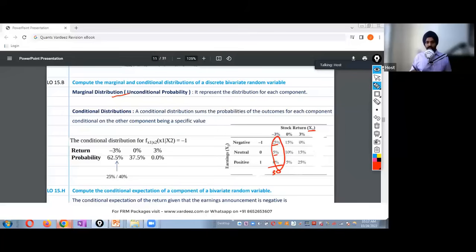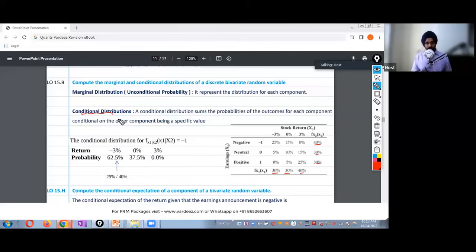So the addition of this particular thing is going to be my marginal probability for the stock return to be -3%. What is the marginal probability for the earnings to be neutral? Simple. Just add up this entire column: 15 plus 10 is 25, 25 plus 10 is 30. 30% is my marginal probability. So for anything and everything, I can go ahead and calculate that. And that's what we have over here.